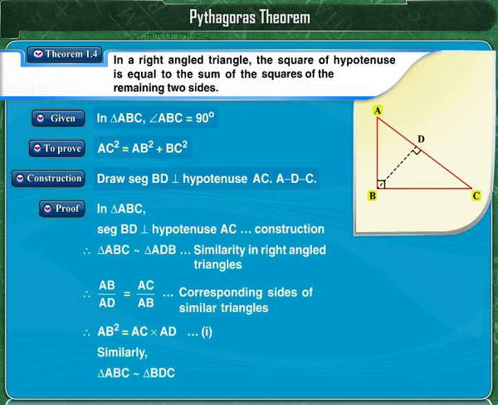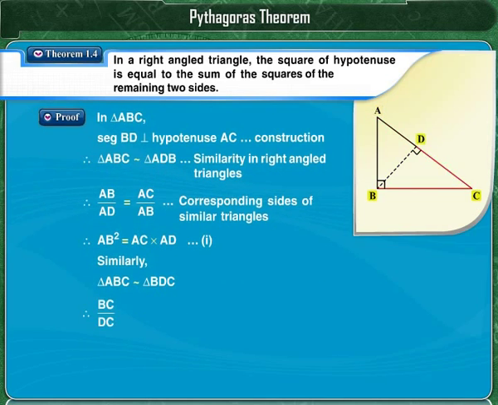Similarly, triangle ABC and triangle BDC are similar, and BC upon DC is equal to AC upon BC, corresponding sides of similar triangles. By cross-multiplying, we get BC squared is equal to AC into DC.